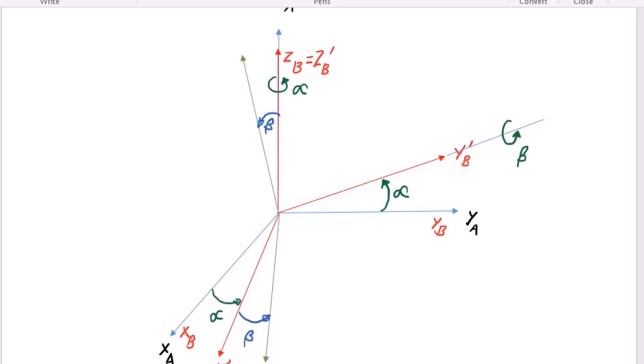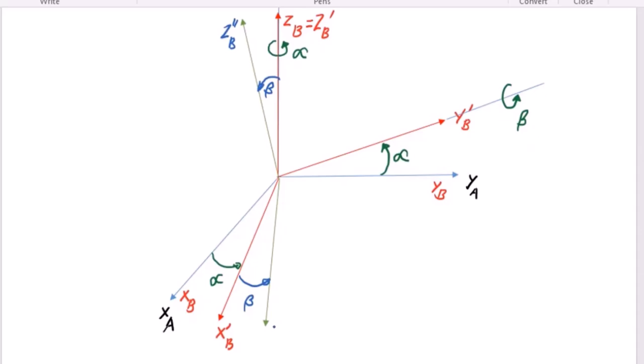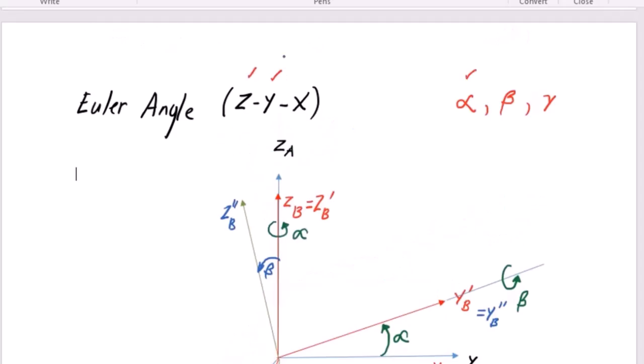Now this changes position, so your ZB prime, the new position, will be ZB double prime. And this is our XB double prime. And our YB prime, since this is the same axis, it will remain the same as the YB double prime.